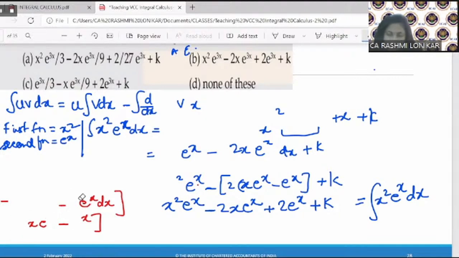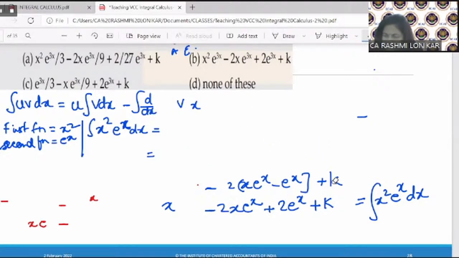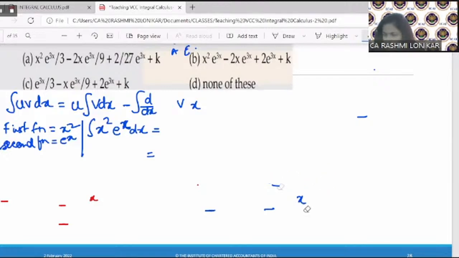So you may get a question like x square e raised to x, or you may get a question with x square e raised to 3x also, or you may have any number, 2x, 5x, you can have any number for exponential raised to. I hope you've understood this question, and I will take it for e raised to 3x also.